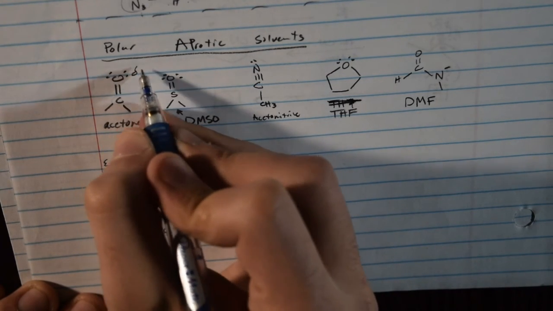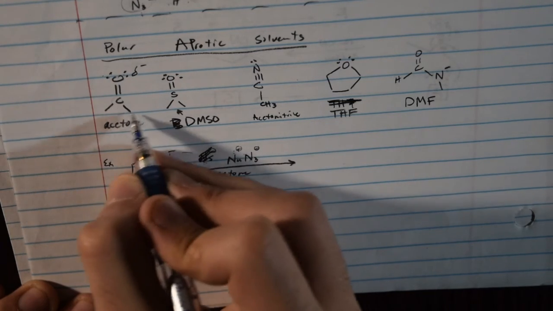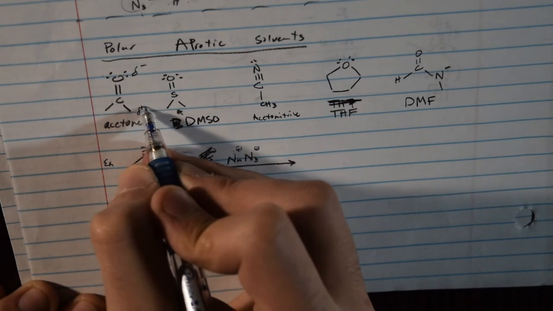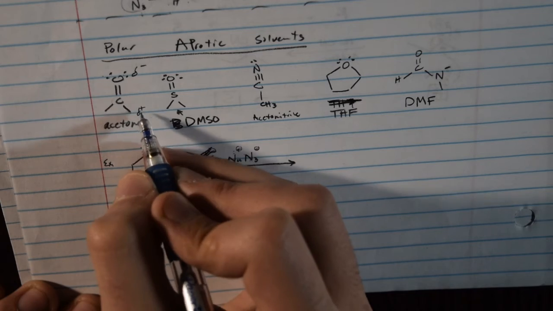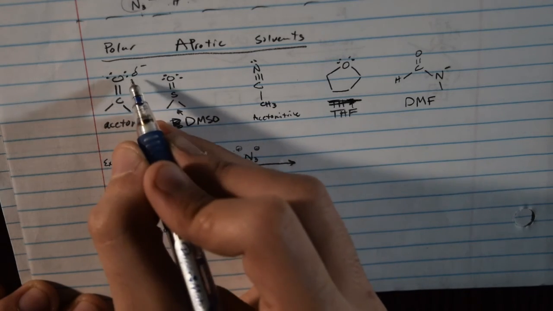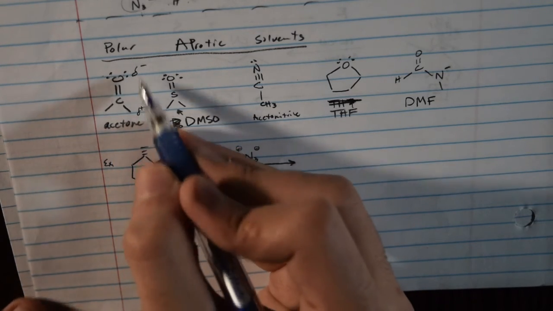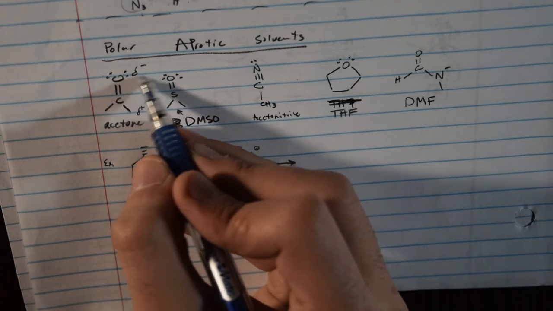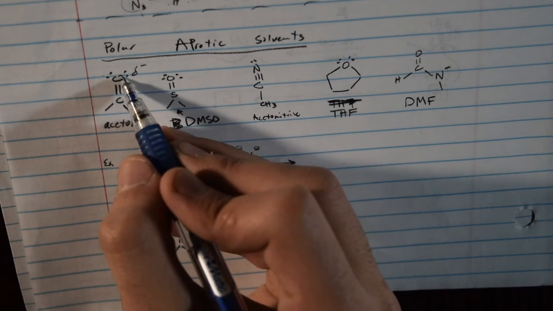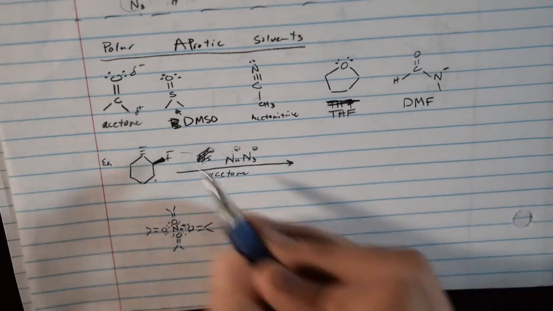You see how this side is negative because it has lone pairs, and this side is slightly positive, but the strength of charge is not as strong as the negative charge on the oxygen. It's just slightly positive.